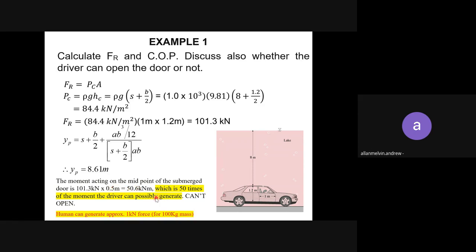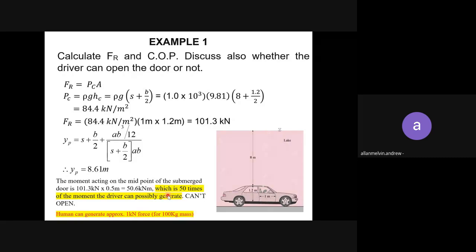So you just compare with this, whether it can overcome the moment of the door at the midpoint of the door, which is 50.6 kilonewton meter. So if you multiply 1 kilonewton with 0.5 meter, you can only get around 0.5 kilonewton meter, or 500 newton meter.